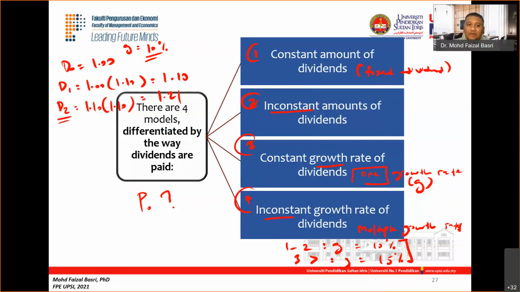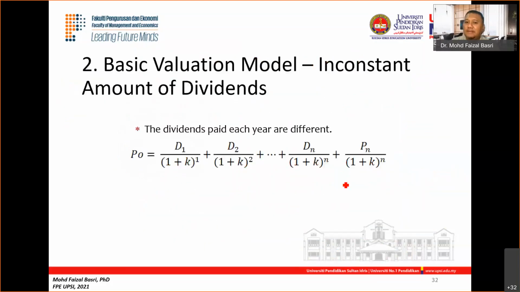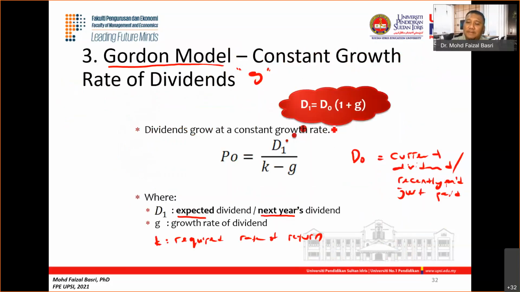So if the question already gives you RM1.10 as D1, you use RM1.10 straight away in this formula. Don't multiply by 1 plus G anymore, because then you are finding the following year's dividend, which is D2, and so forth. So that's the only thing that you need to be careful of.